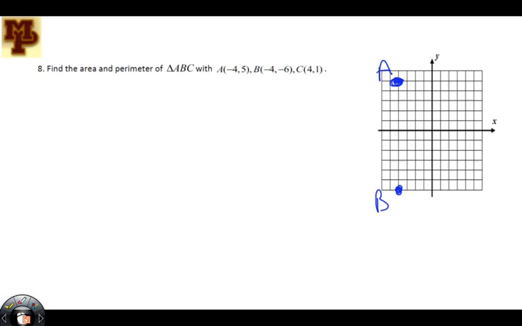Okay, so that's B. And then C is 4, 1. C. Okay, so then we'll connect these. Little technical difficulties, sorry. Alright.